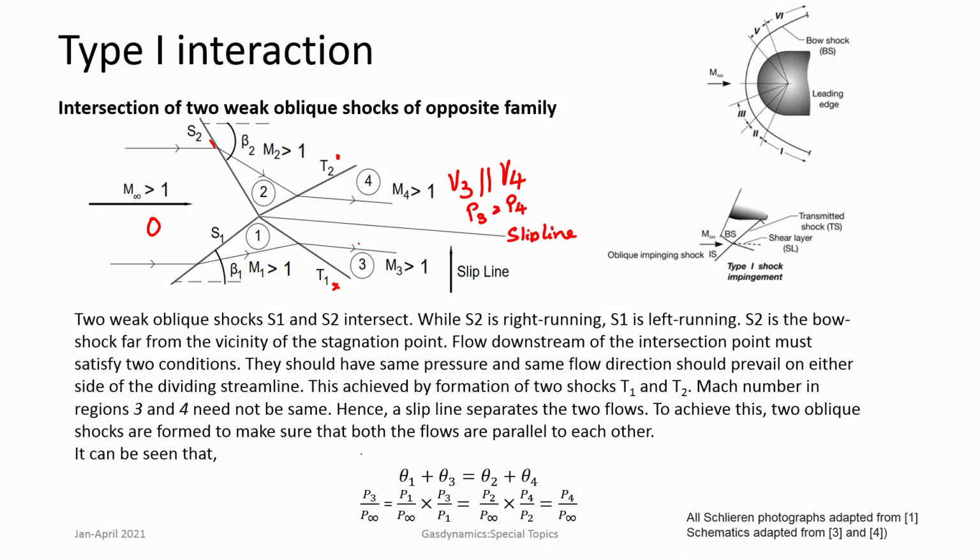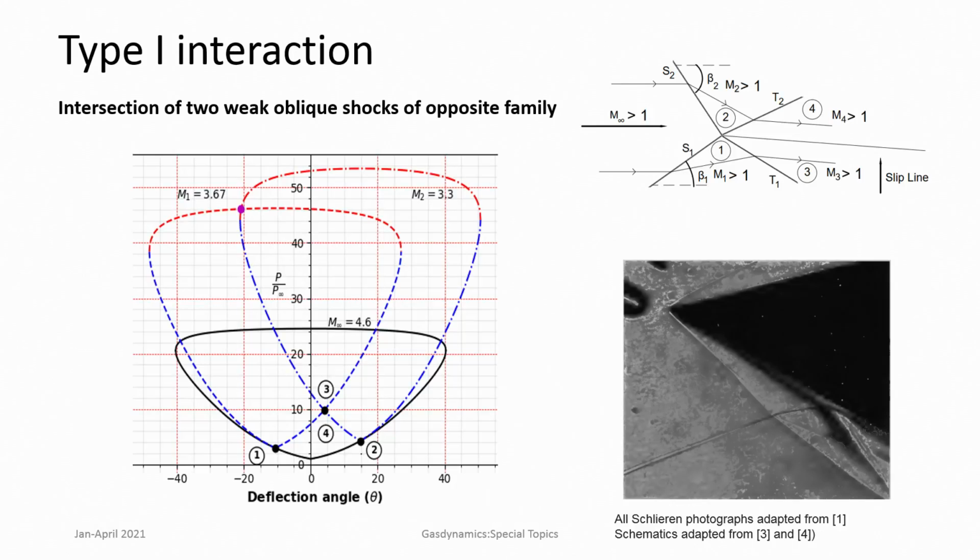across which velocities can be different, temperatures can be different, entropies will be different, because they have different shock strengths, but the velocities will be parallel to each other and pressures will be the same. So, this is the boundary condition that can be applied, and we can then draw simple shock polars. For this we can find out the base shock.